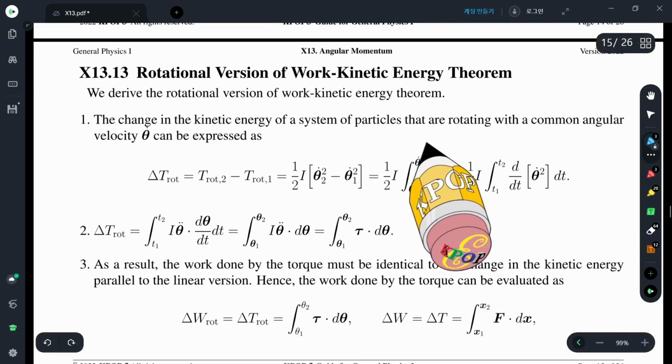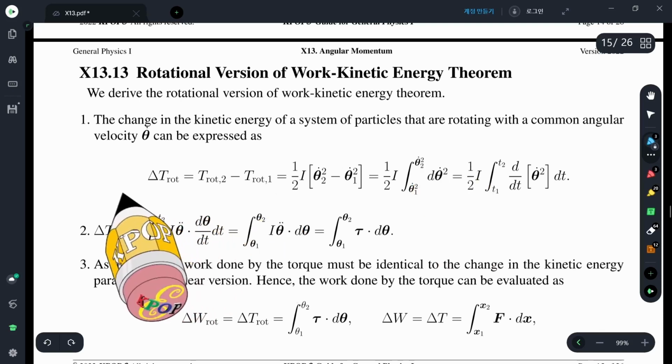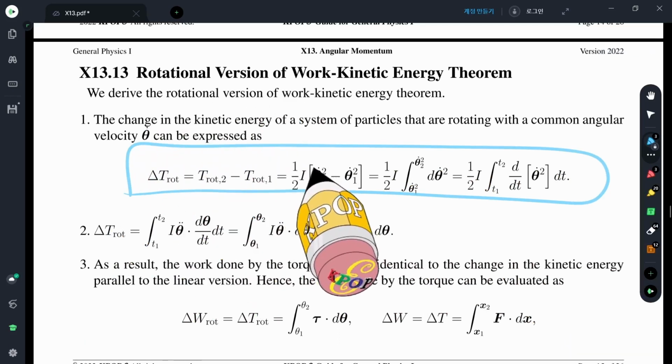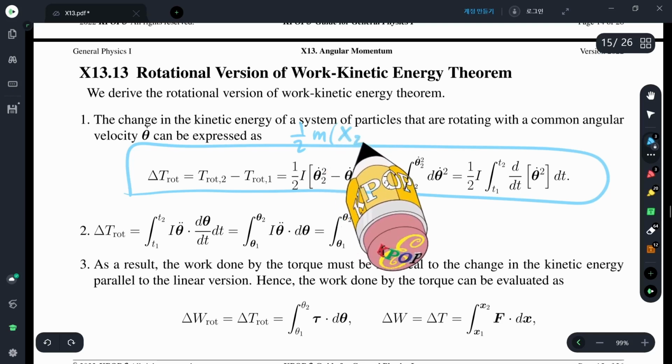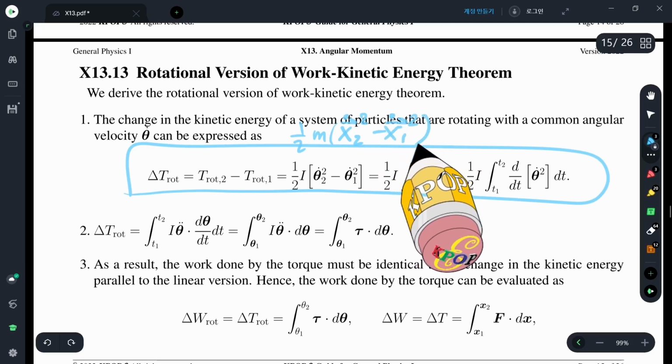Next, we consider the rotational portion of the work kinetic energy theorem. We remember the kinetic energy for the linear version: 1/2 m (x2 dot squared minus x1 dot squared).